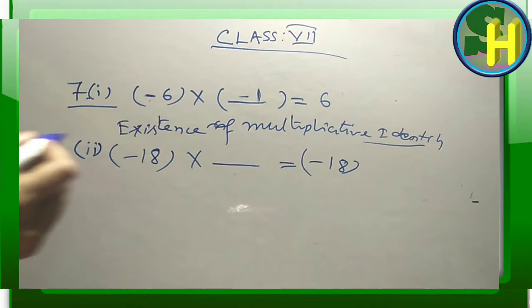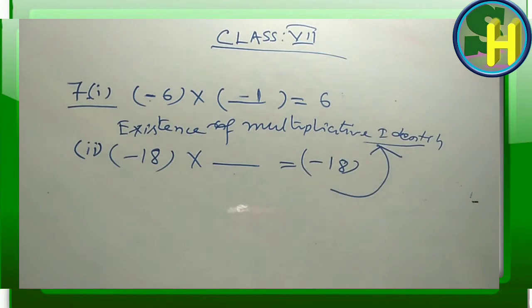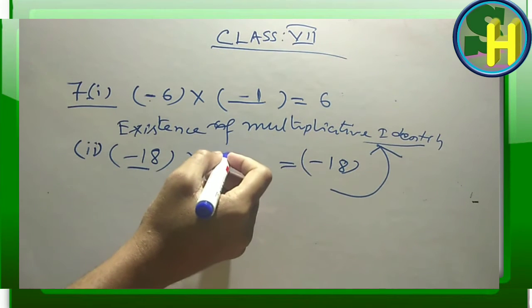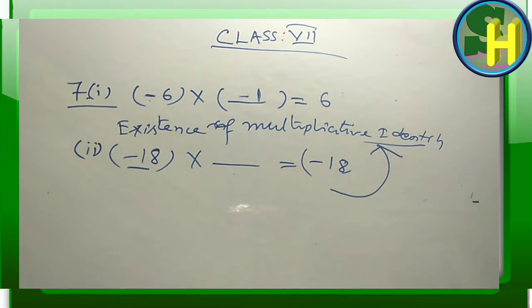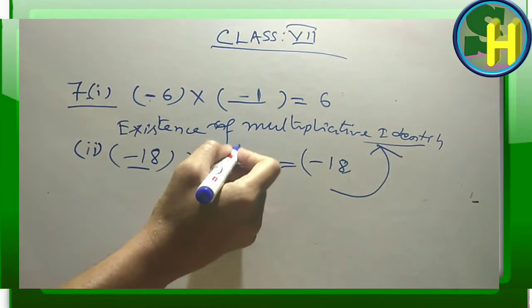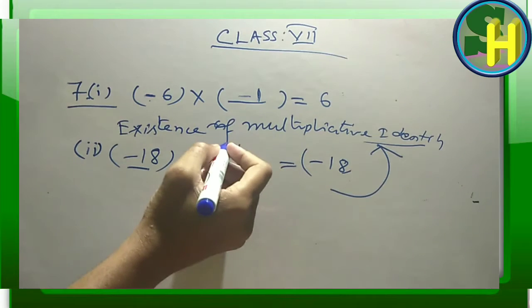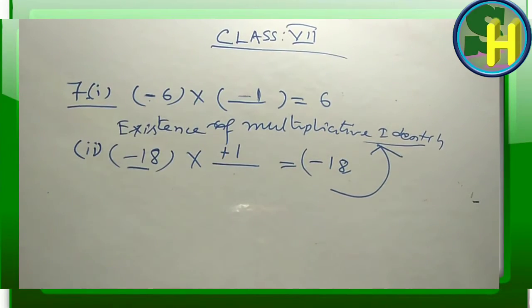The same case, multiplicative identity is followed. Here -18 multiplied by a number gives the same number. When is it possible? When it is 1. Here -1, here +1. Both follow existence of multiplicative identity.